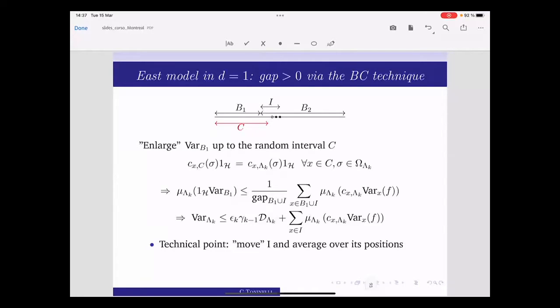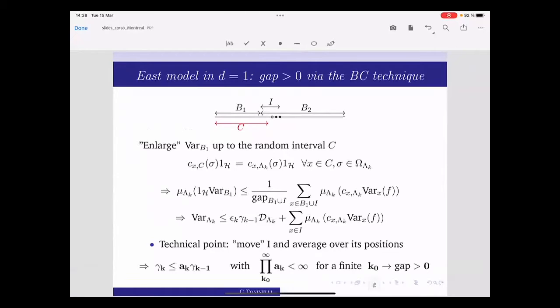But the point is that enforcing this constraint allows one to deal with dynamics on the smaller scale, which have the right boundary condition, so that they are really dynamics which have a positive spectral gap with the right boundary condition. Once we have this inequality for the variance on the whole volume, it's easy.